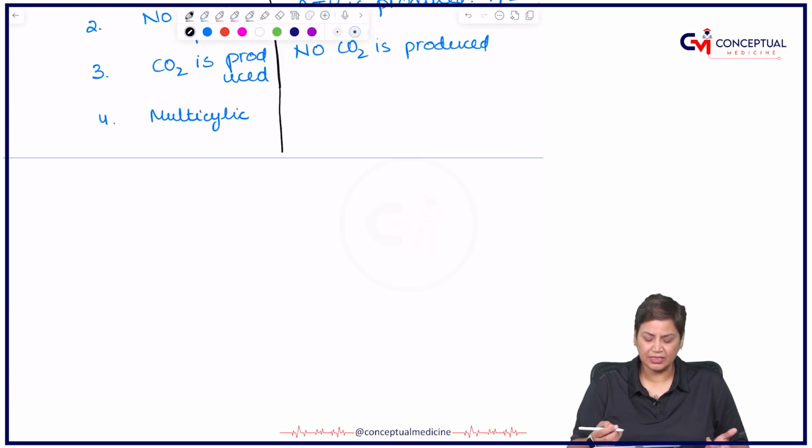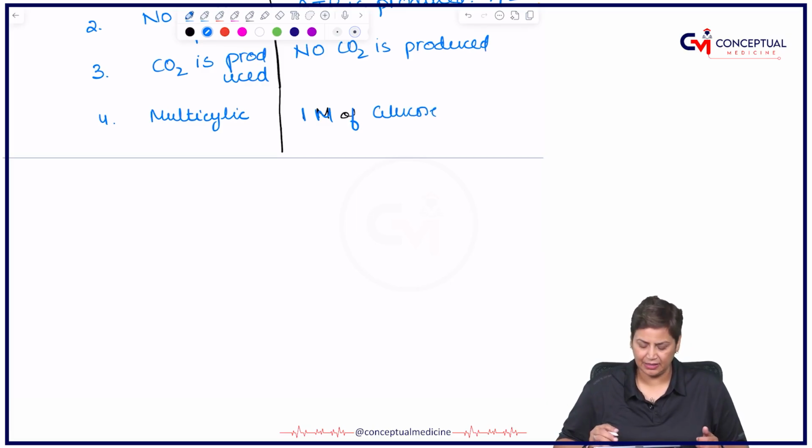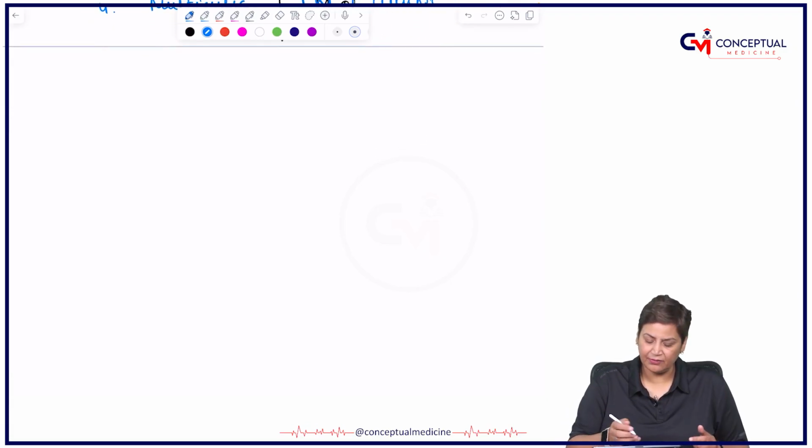Whereas here in glycolysis we always start with 1 molecule of glucose, which undergoes oxidation anaerobically or aerobically. So first of all, let's go through the oxidative phase of this. I will explain the oxidative phase of HMP shunt.